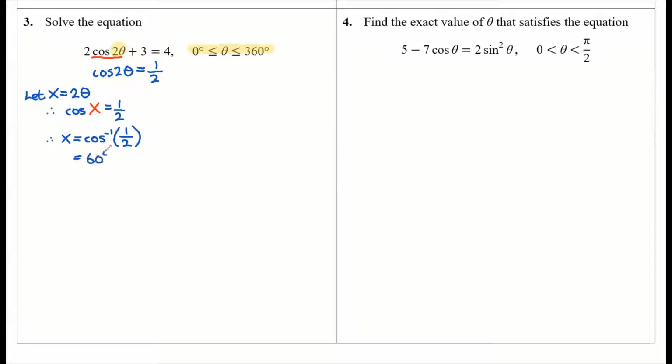We've already done this. And this answer that your calculator spits out at you, even though there's other answers, such as 300, that would also give you a half if you did the cosine of that. This is called the principal angle. Okay, and it's always acute.